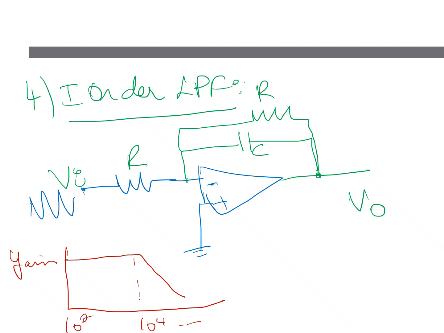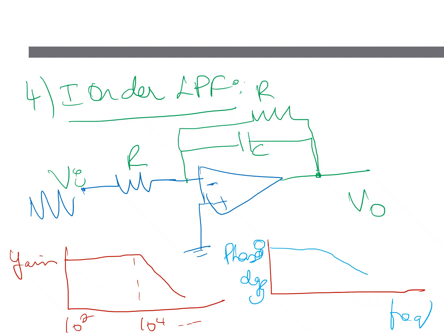And the phase plot, phase in degrees, with frequency on the x-axis: it reduces, and then the phase is much lower as the frequency goes on increasing. So this is the circuit diagram of a first order low pass filter. If it is a second order low pass filter, another set of such a circuit is coupled together.